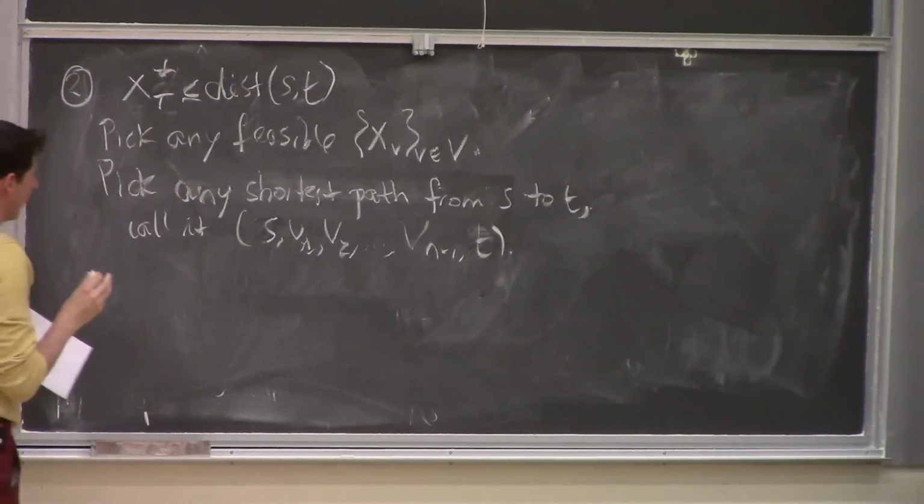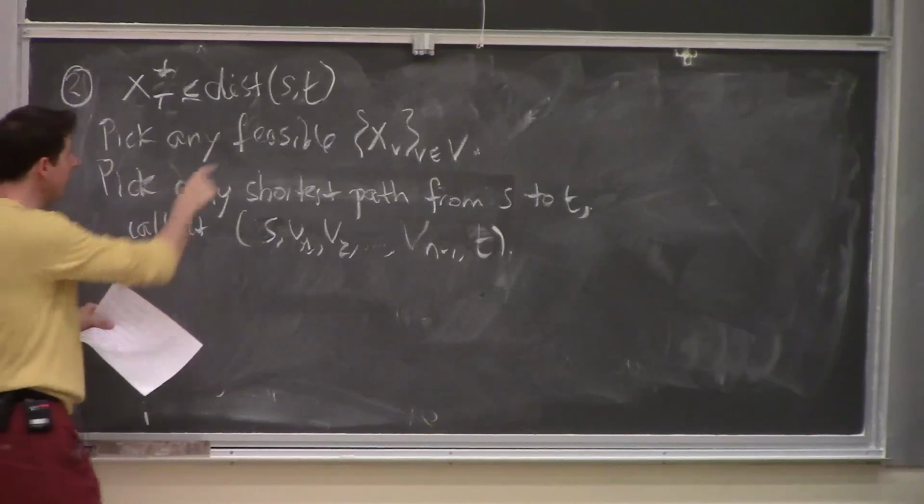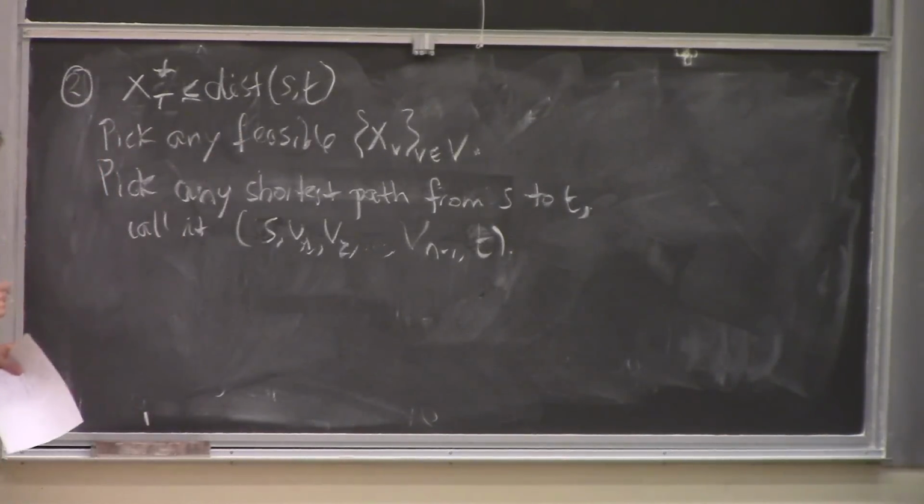It is the shortest path, okay? So the sum of the lengths actually equals this thing, okay?